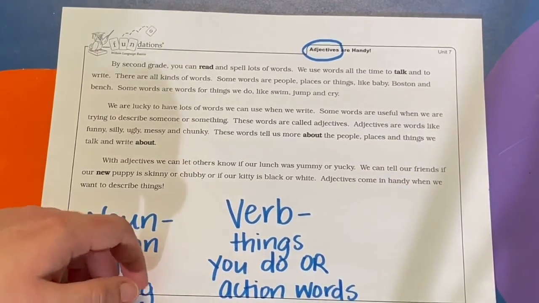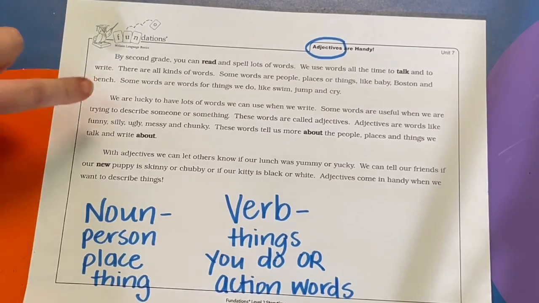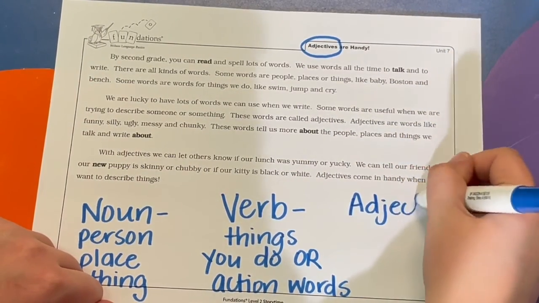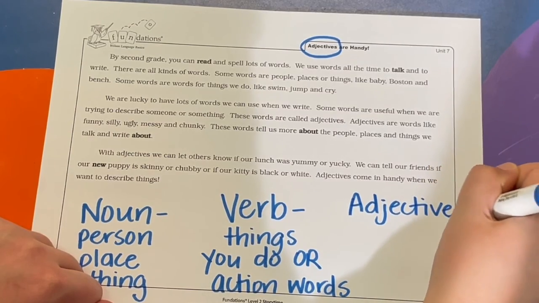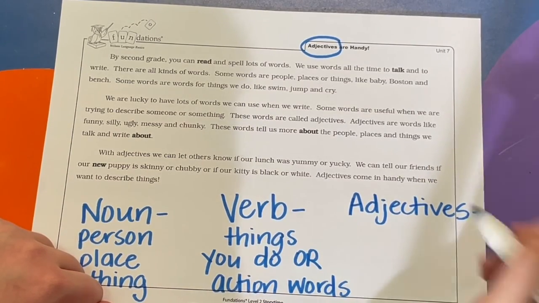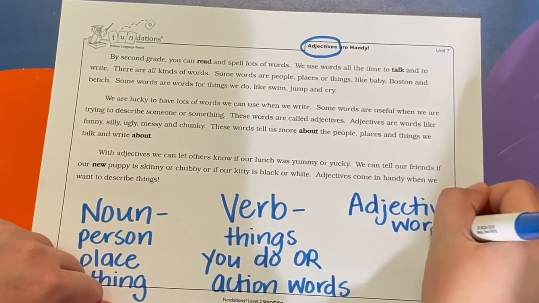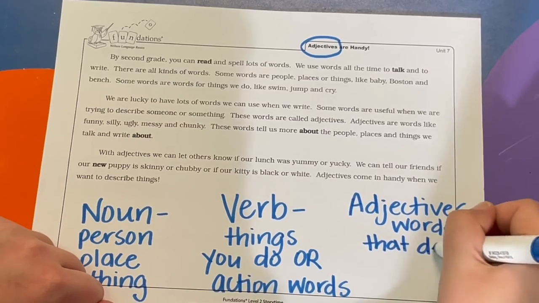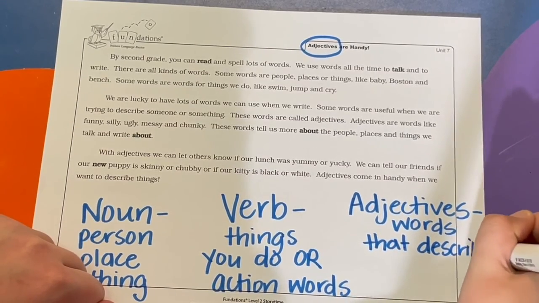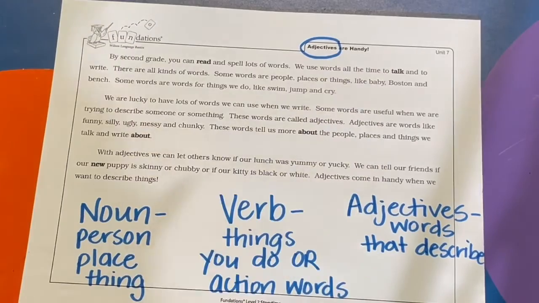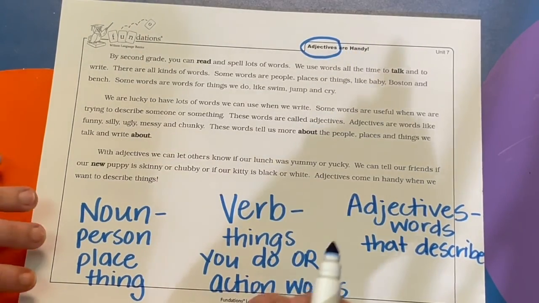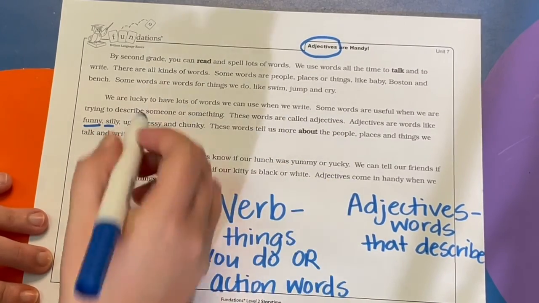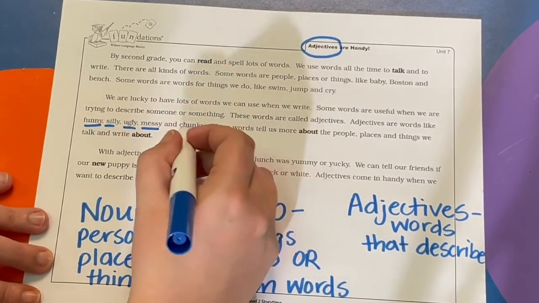Okay. Now, in the second paragraph, they start to tell us about our handy adjectives. Okay, and we know that adjectives are words that describe something. So, we read some examples of words that describe things. Could be funny, silly, ugly, messy, chunky.